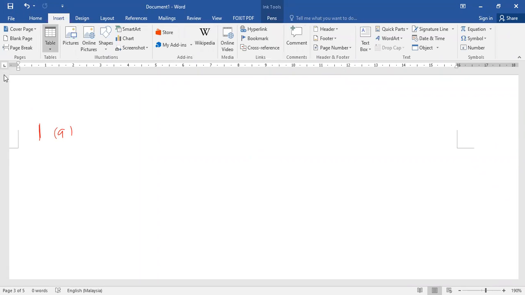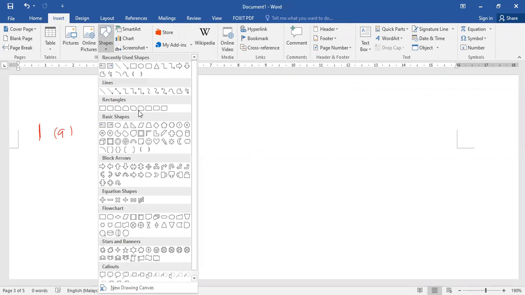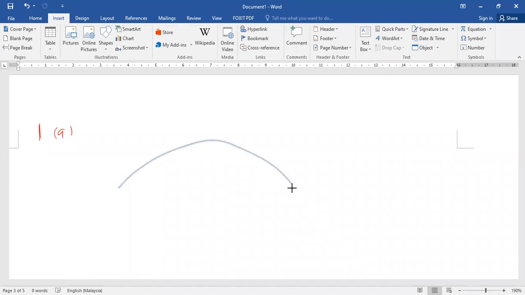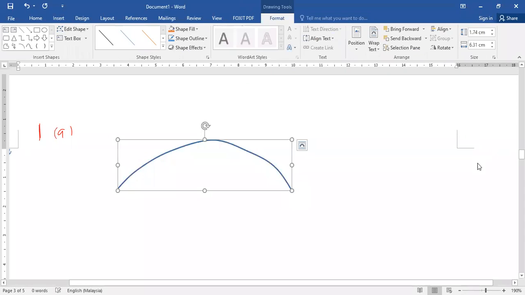The path of the motion, okay, something like that. Okay, A.